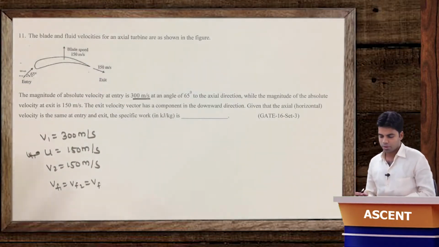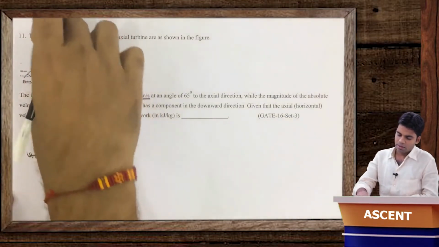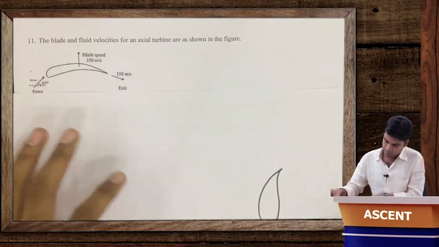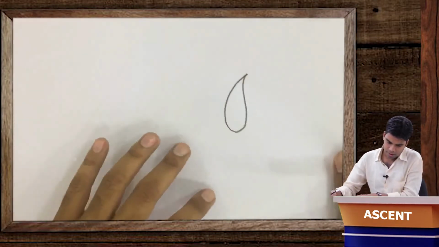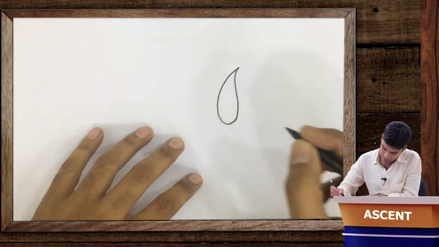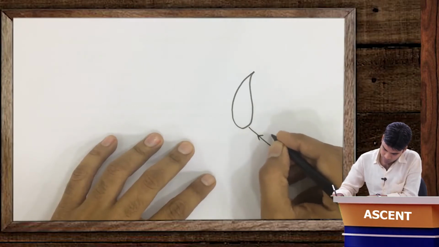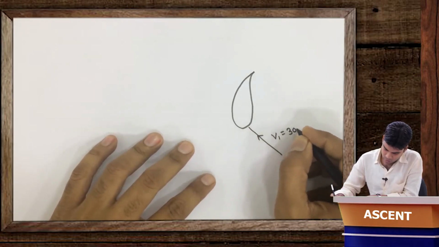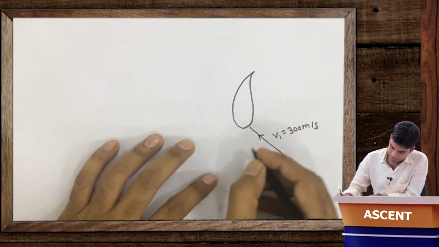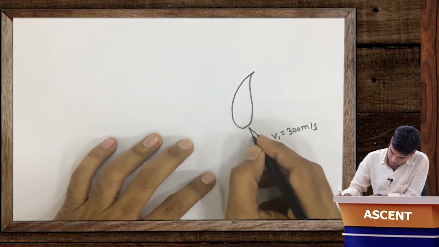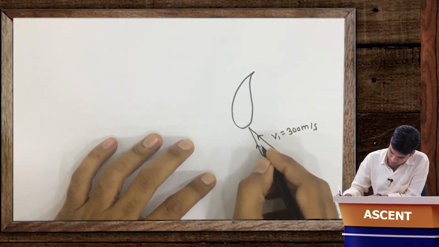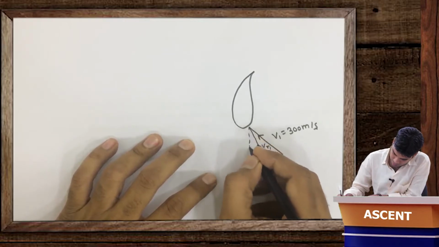according to our convention. I will turn this anti-clockwise. We are having this inlet velocity vector like this. V1 is equal to 300 meter per second. Then there will be VR1 and Vf1.